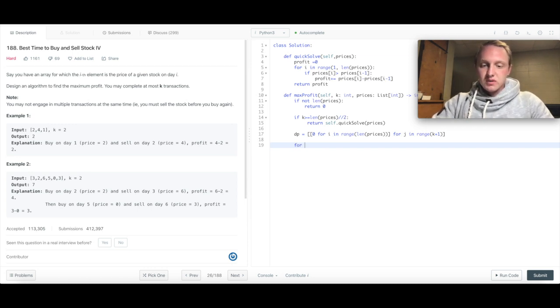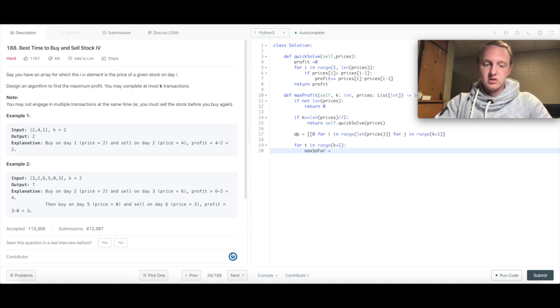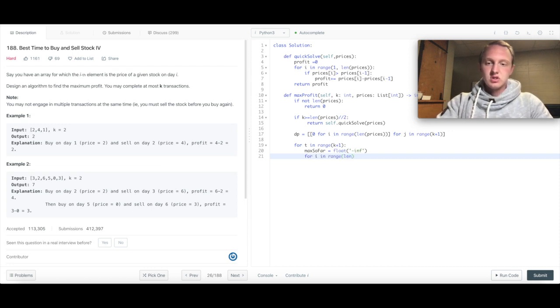And here we're doing the same thing we did in our first solution for, let's say, t in range of k plus 1. We define max so far equals float negative infinity, for i in range, here I'm going to start from 1 to lengths of prices.